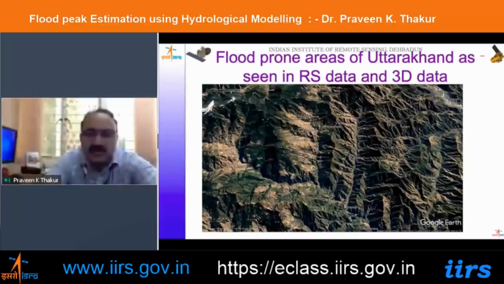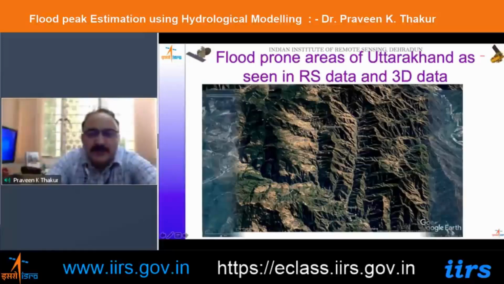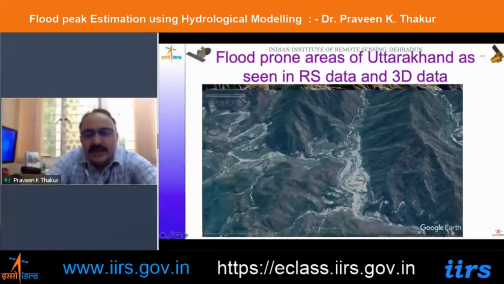Here also, if you see the high resolution data, in this particular town Ghansali in the Bilanga River Basin, you can see that historically, maybe 100 or 200 years ago, this river has a terraced floodplain, and you can see some agricultural activities on these terraces. Surprisingly, the entire township is located right on those old historical floodplain terraces.